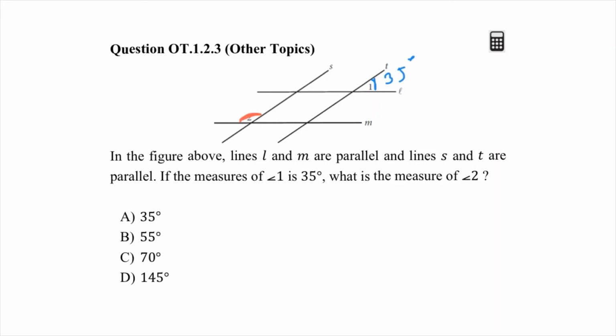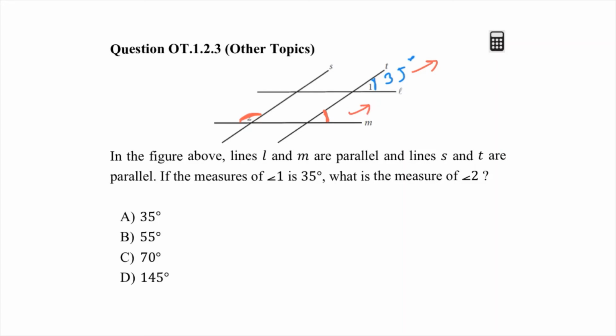Alright, so how am I able to find the answer right now? Line L and line M, as you see, are parallel lines. This is angle 1, and I see angle 1 faces this direction. I have one more angle here above the parallel lines.